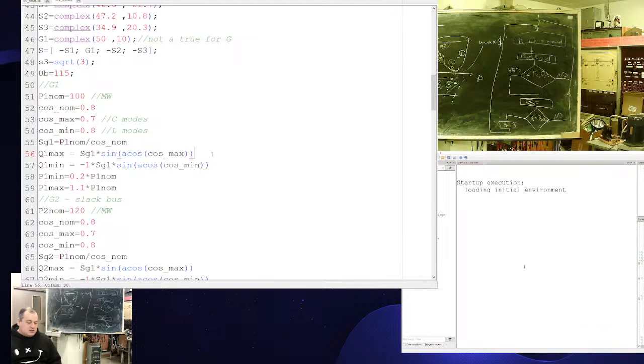This one is limited by excitement current, by thermal regime of the rotor. This one by stability. Also, I should have from the station, usually not from the manufacturer, they are from commissioning.